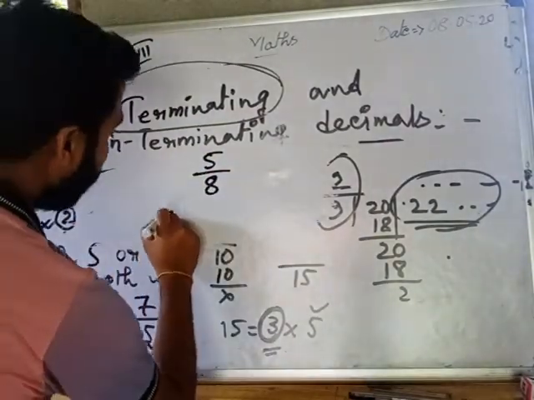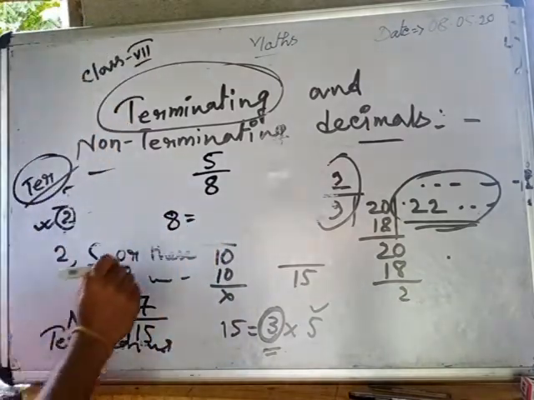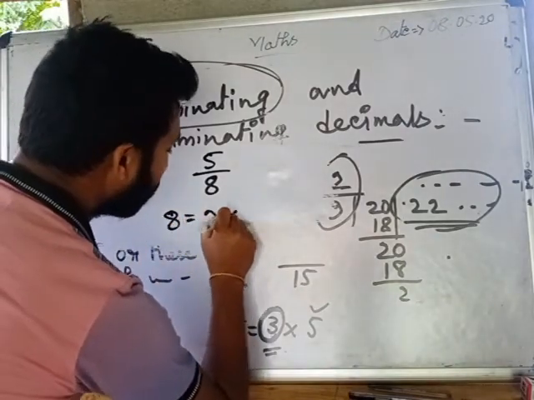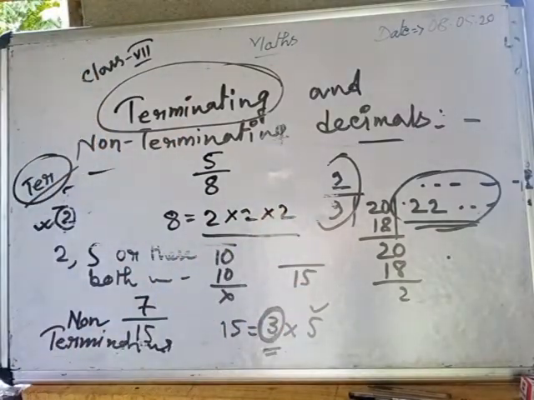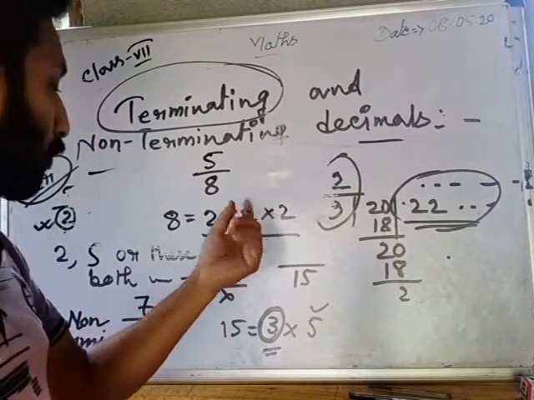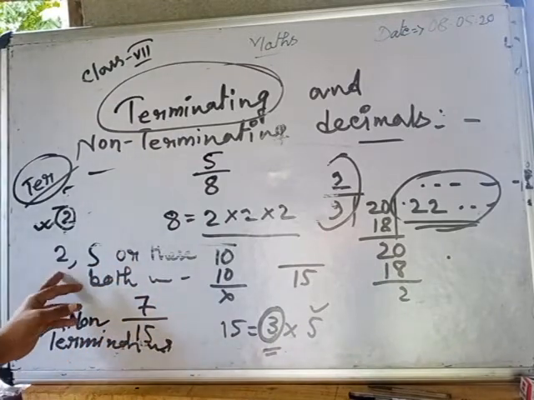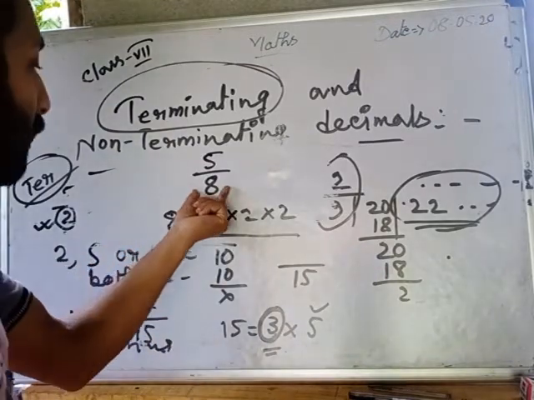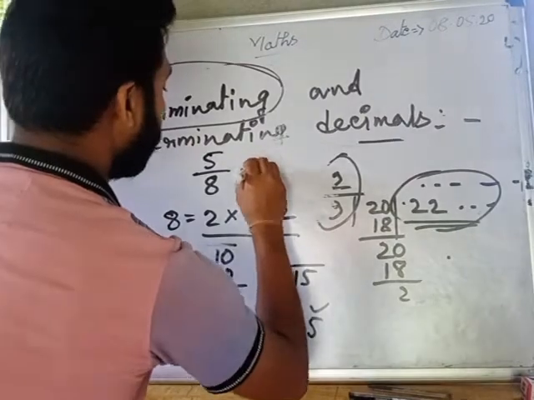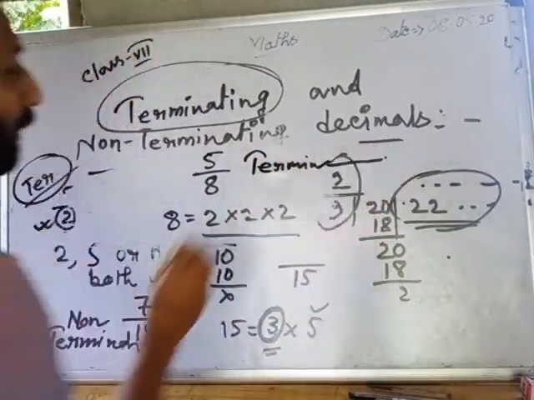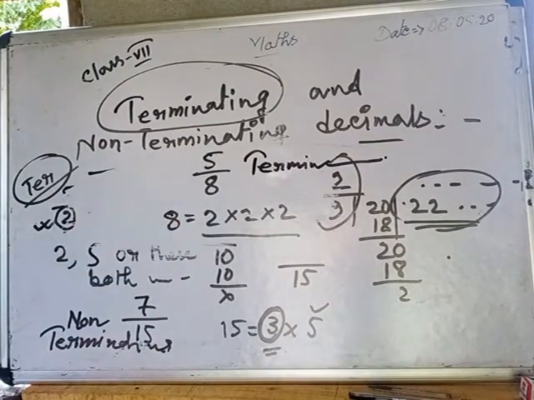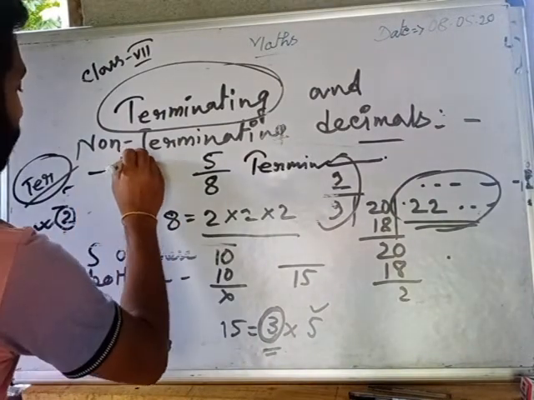If we find the factorization of 8, that is 2, 2, 2. All of these factors are 2, so 2 is in the denominator, so this one is called a terminating decimal fraction.